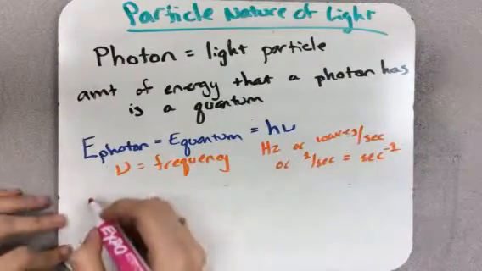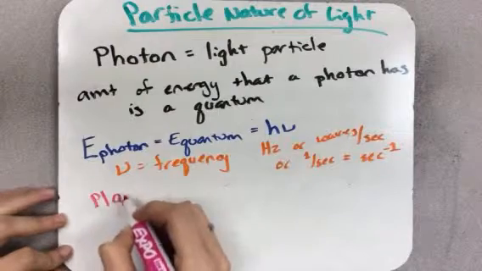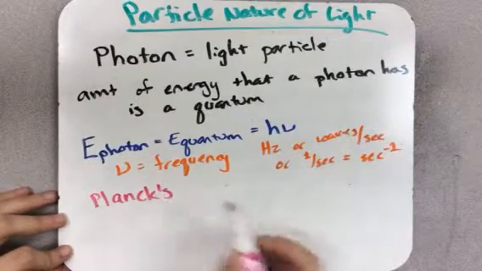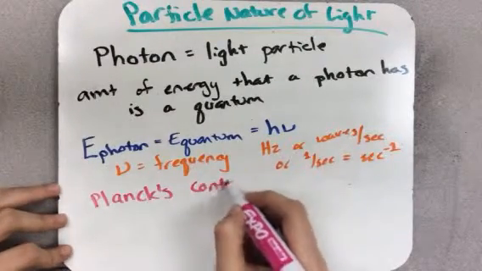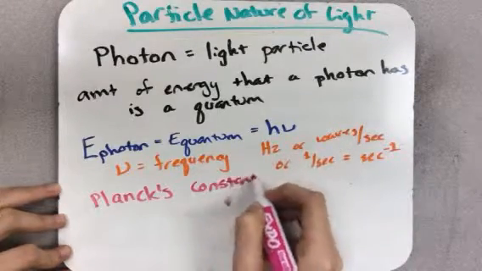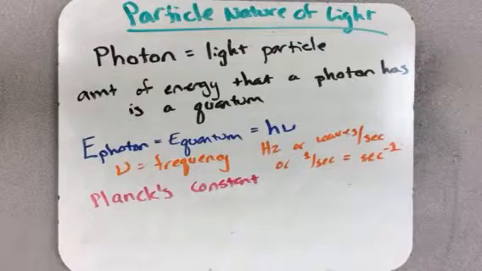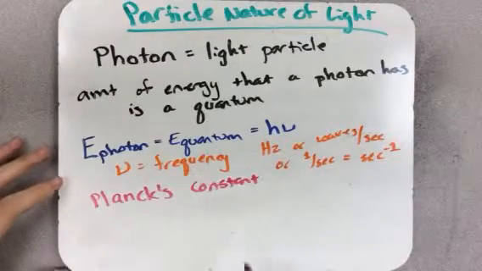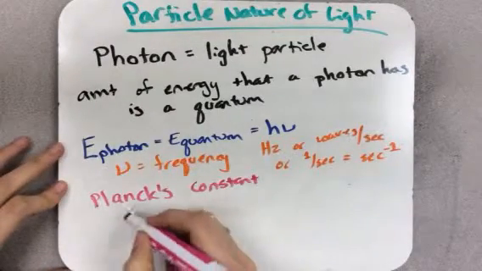H is something called Planck's constant. Now, I'm not particularly interested in you remembering the history of Planck's constant, and you don't actually need to know the exact value.